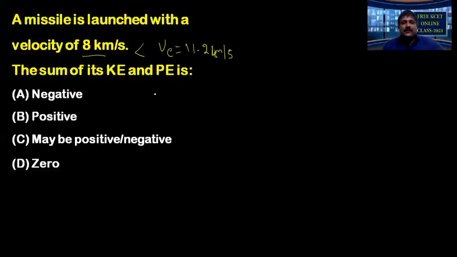So the net or total energy must be negative, because potential energy dominates. If it is given 11.2 km per second, the net energy becomes 0. If the kinetic energy given is more than the potential energy in magnitude, then its velocity is not 0 at infinity. It will move with a certain velocity at infinity.